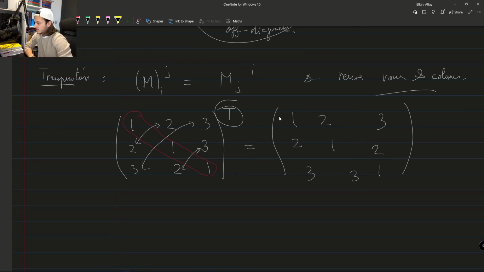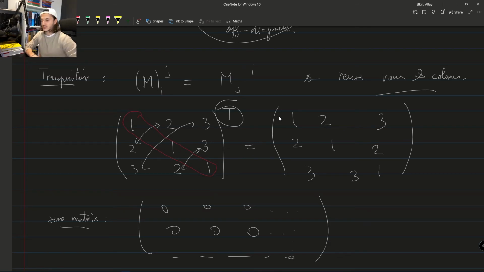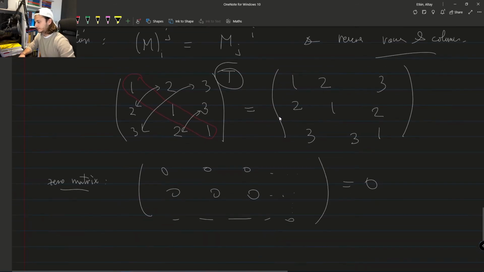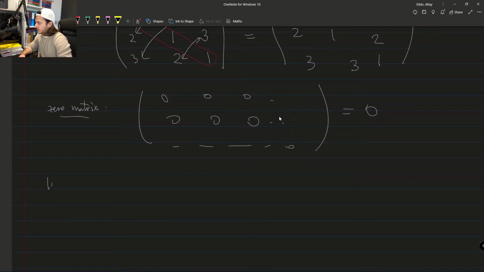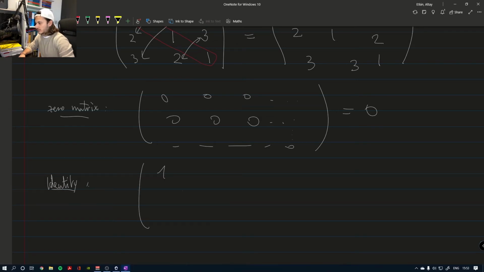You also have the zero matrix. And the zero matrix is basically just zeros everywhere. It's usually denoted like O with double bars or whatever you like. And the identity is this one, which is 1 everywhere on the diagonal and 0 everywhere else.